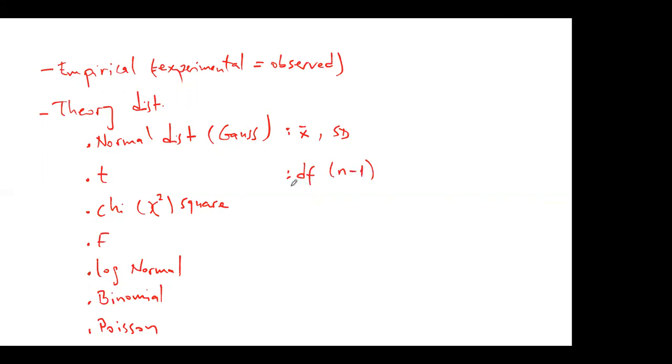But for this time, you can just memorize it. If you know the number of people in your sample, you can easily calculate the probability or the area under the curve in the t distribution. It is called the degree of freedom, n minus 1.